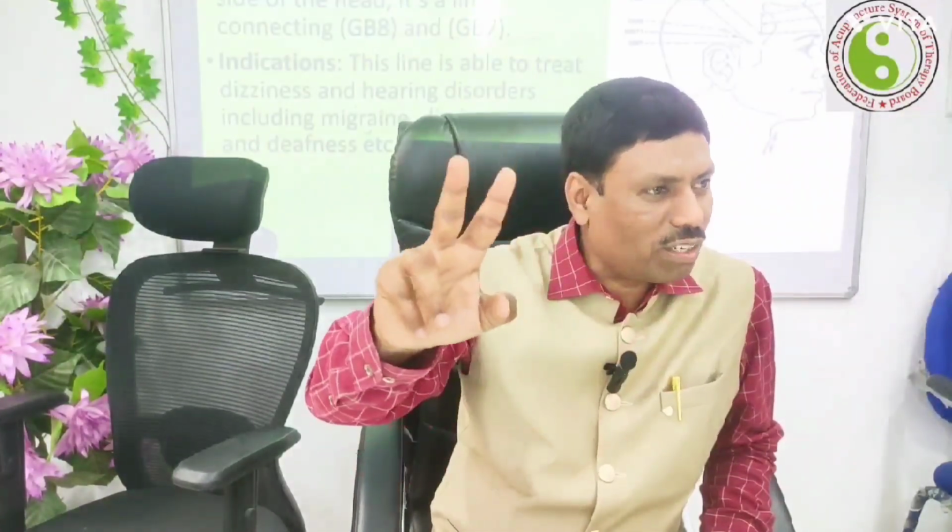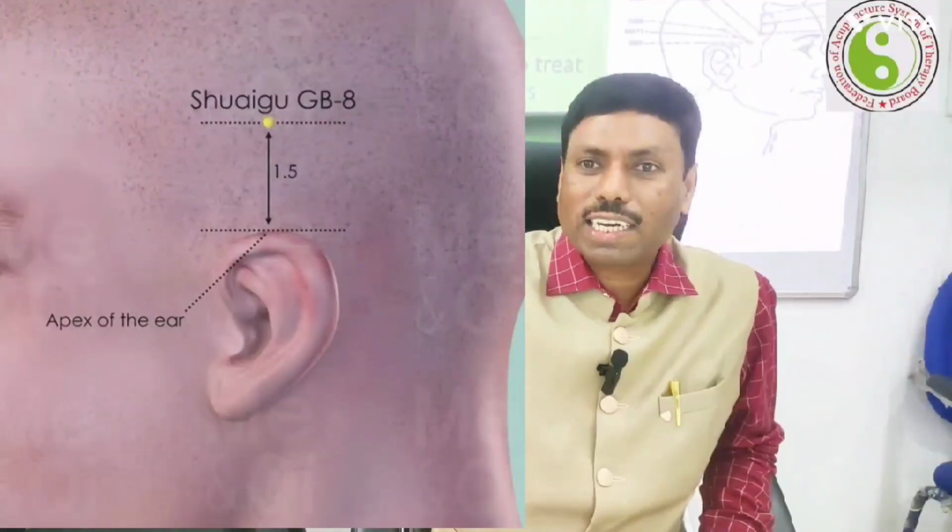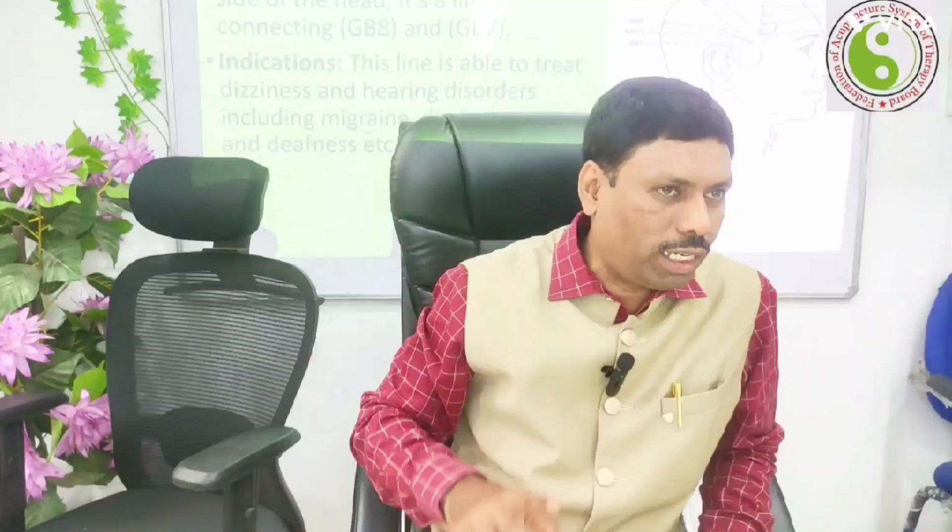That means the vestibulocochlear nerve got damaged, causing the problem, and that cannot be done much. But below 60, 65, 70 years, if we want to do something, then definitely we can treat by activating the one line known as the posterior temporal line, connecting gallbladder 7 to gallbladder 8 through needling, to treat tinnitus.